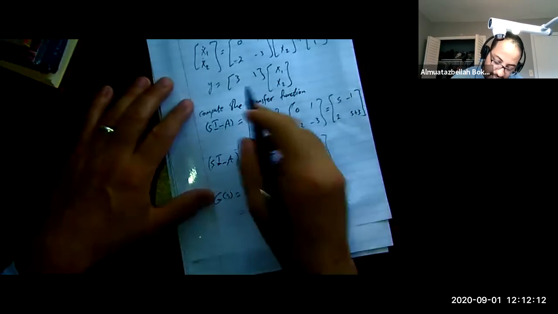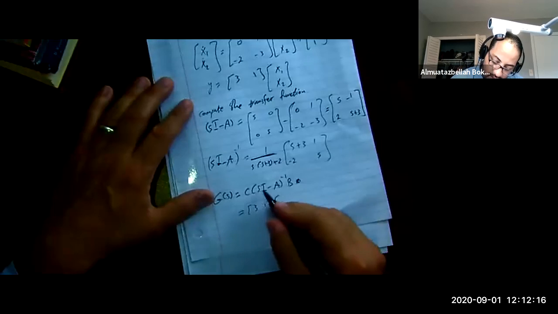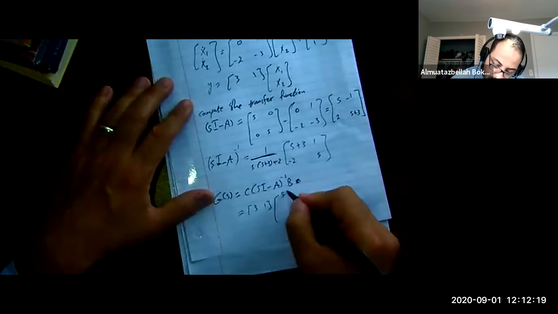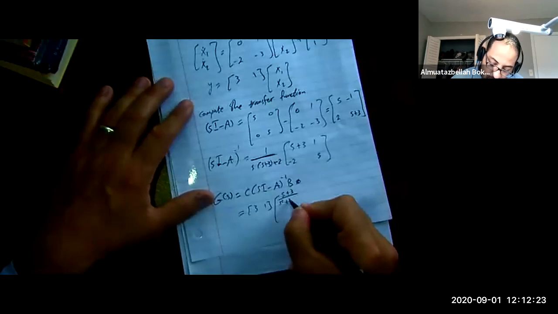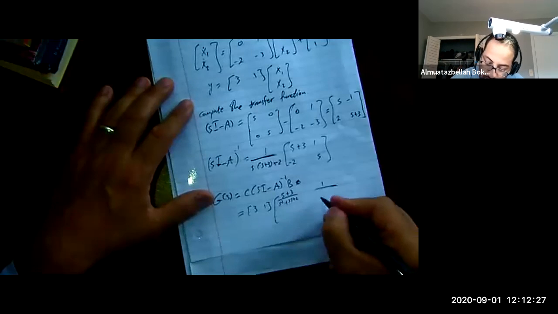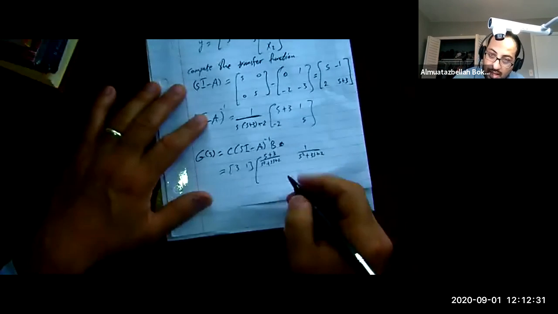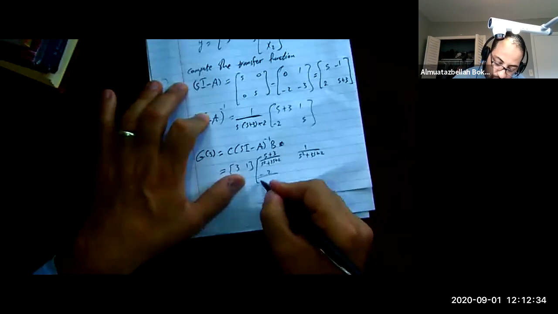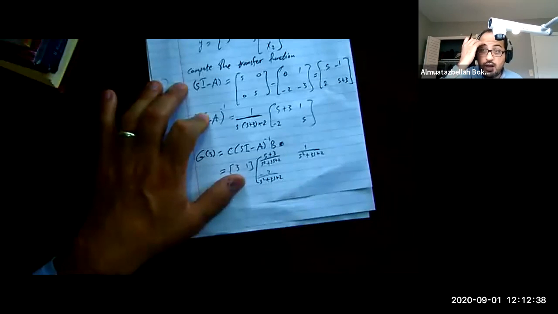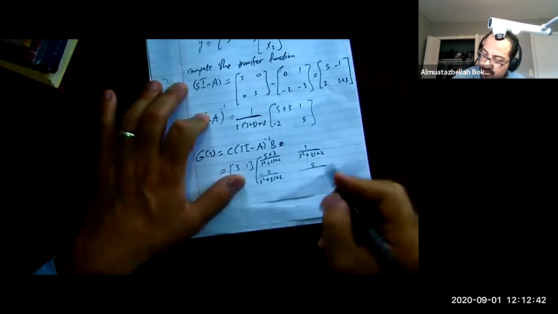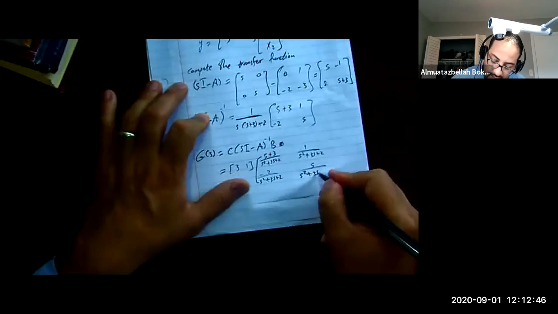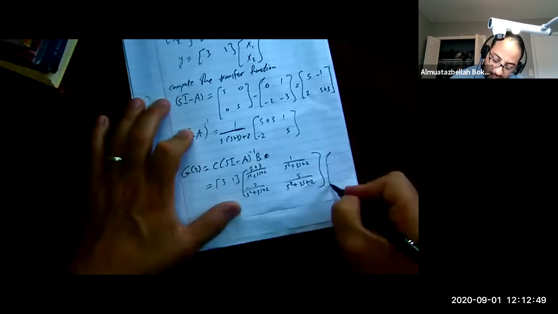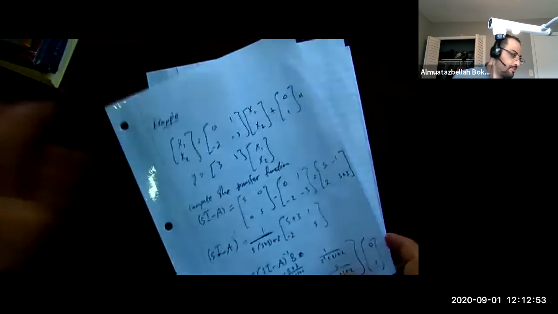Now the transfer function is equal to C times (sI minus A) inverse times B, where C is [3, 1], and (sI minus A) inverse is [(s+3)/(s²+3s+2), 1/(s²+3s+2); -2/(s²+3s+2), s/(s²+3s+2)], times B, and B here is [0; 1].